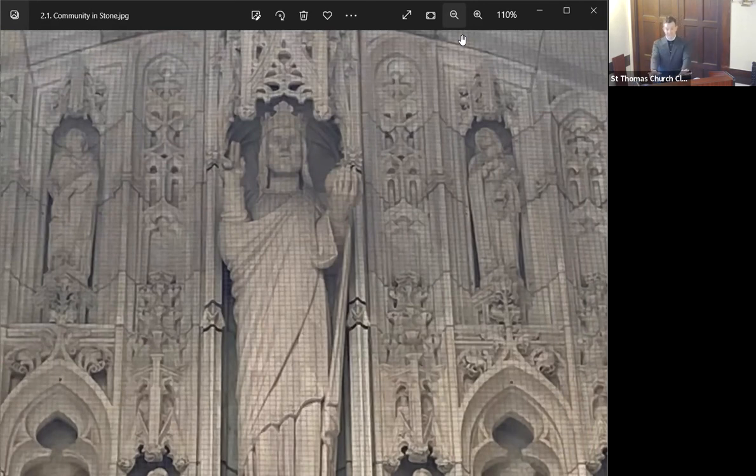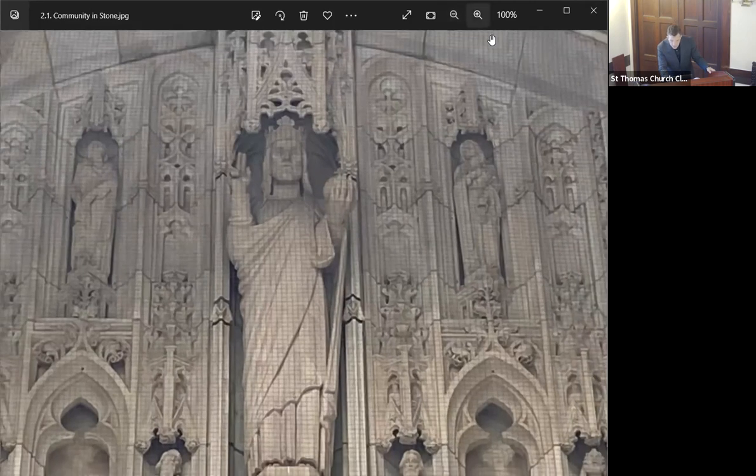He's actually directing his blessing to those who are below. In this case, Christ with a crown and an orb, which symbolizes his governance, and holding up his right hand in blessing, the orb of power, his kingship of the world, and here he is. Now, on either side of him, let's look closely.